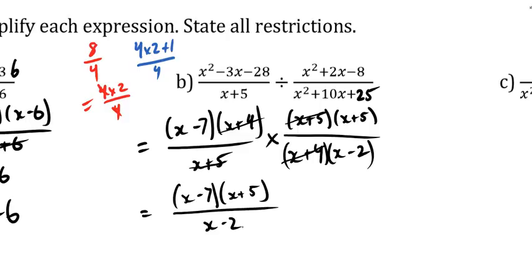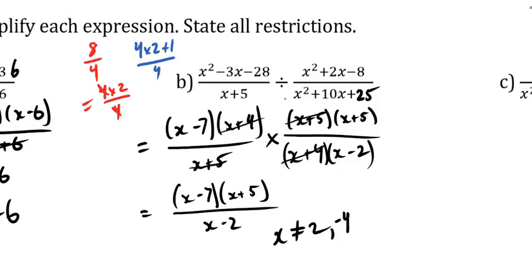So that's a simplified version, but it's going to have a lot of restrictions. Basically, at any point in time, if you were dividing by something that would be 0, it's a restriction. So you can either make a list as you go, or you can wait till the end and look back, but you don't just look at the final step, right? So x cannot equal positive 2, but it also can't equal negative 4.